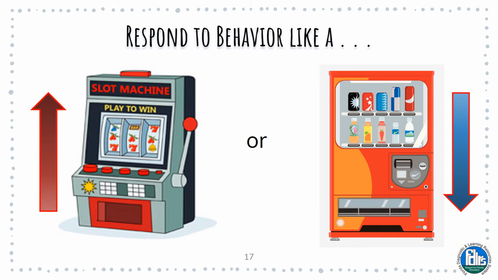With a soda machine, I put my dollar in, I push the button. I'm not thinking, I wonder if today I'm going to get a Dr Pepper when I push a Coke. I'm not thinking, I wonder if when I push 7-Up, a sandwich is going to come out. Or maybe this time I'll push the button and nothing will come out.